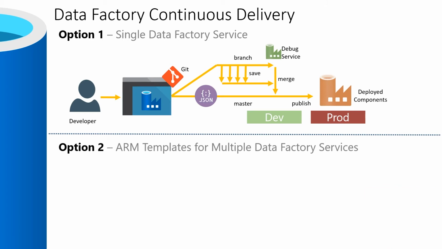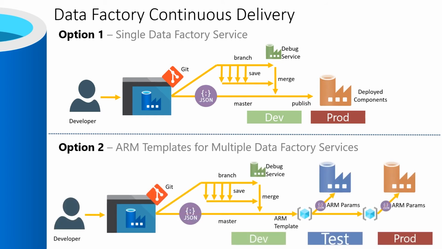For option two, we still maybe start with that same developer environment, but what we could do is take the ARM template from dev, deploy it to test, and then maybe deploy it to production as well. So I'm going to call that option two for now, where we're using an ARM template to deploy our Data Factory to multiple environments. And that's something that we could do.